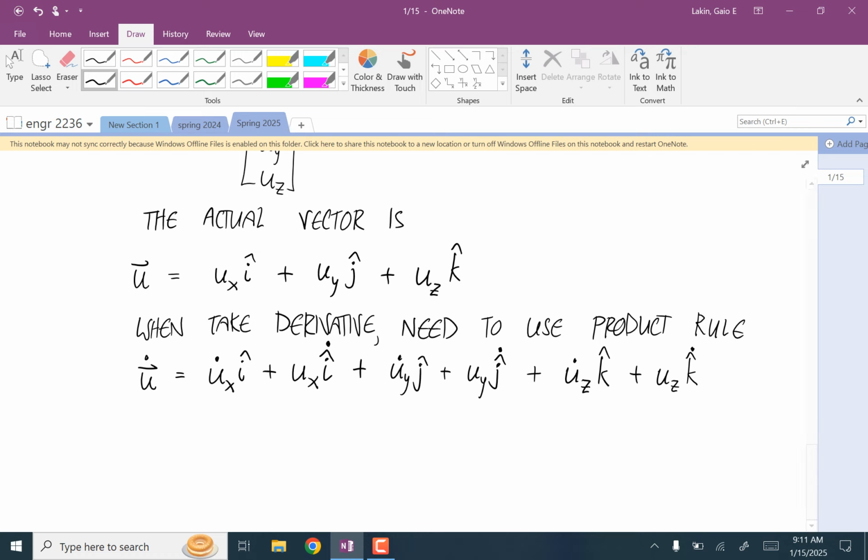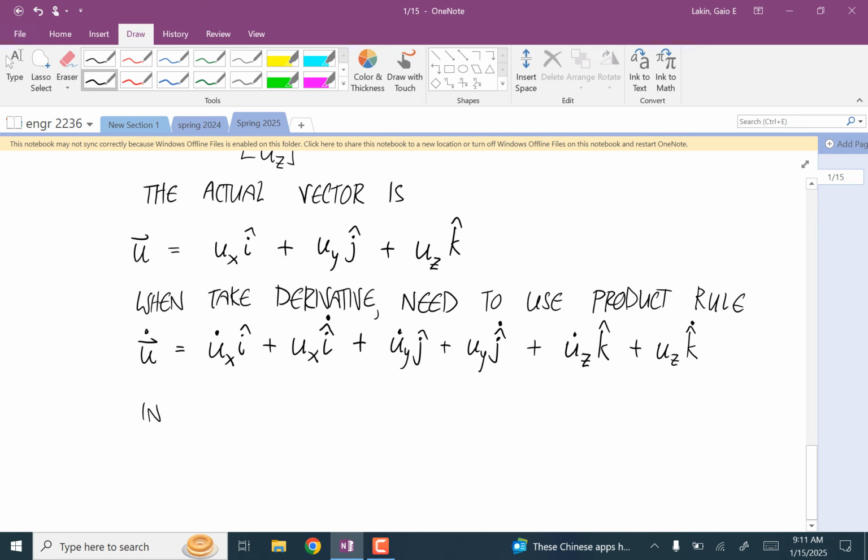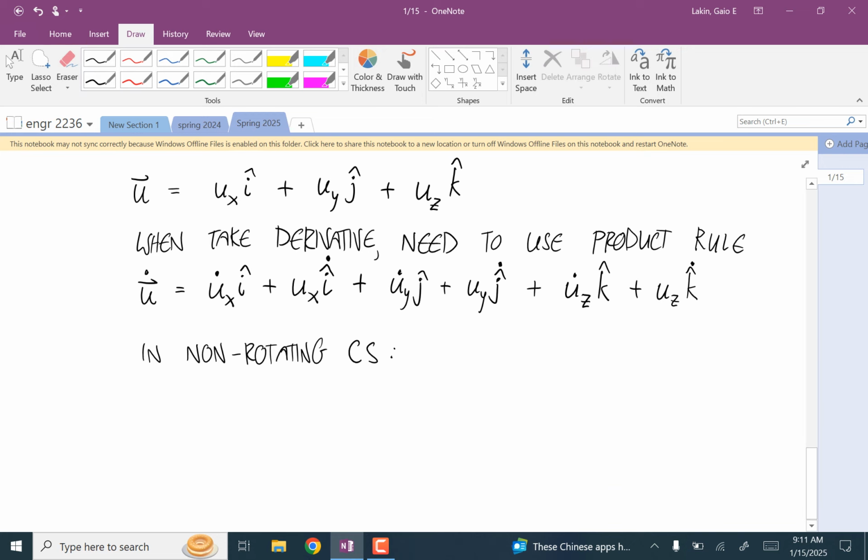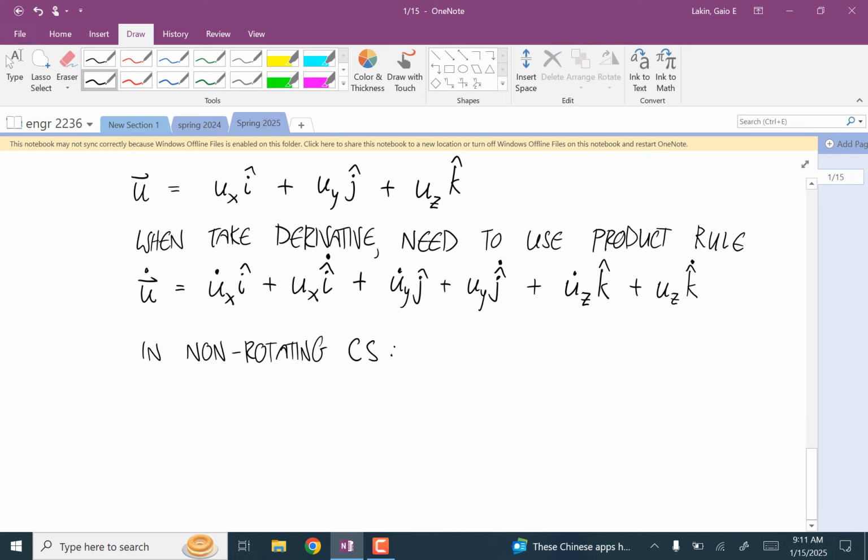Okay, so now let's think about what this means in rotating and non-rotating coordinate systems. In a non-rotating coordinate system, i dot, j dot, and k dot are all 0.